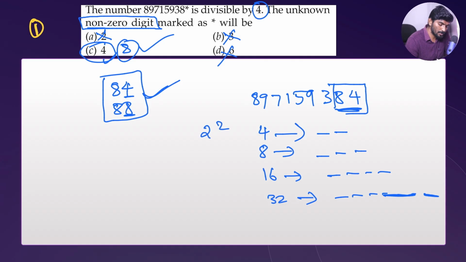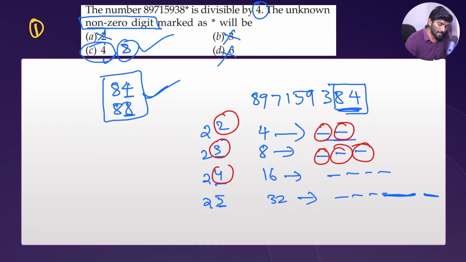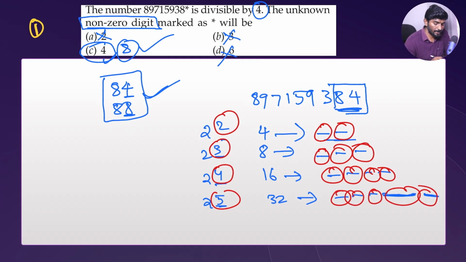Because this is 2 squared, this is 2 cubed, this is 2 to the power 4, this is 2 to the power 5. As much as the power, that many digits you have to care about. This is only in the case of 2, not in the case of 3, 4 or 5.